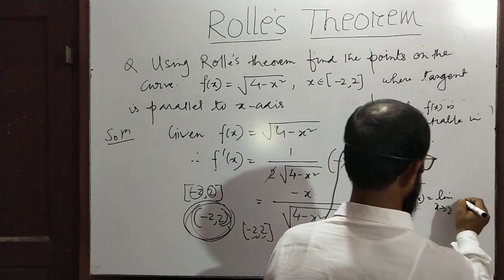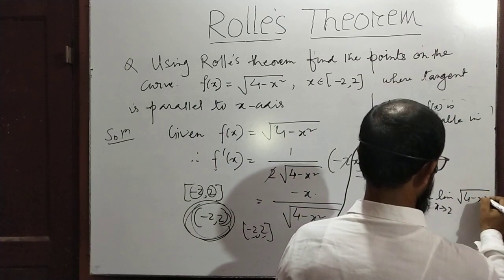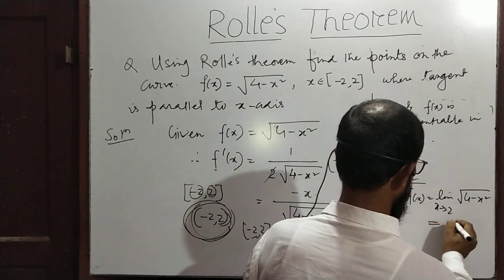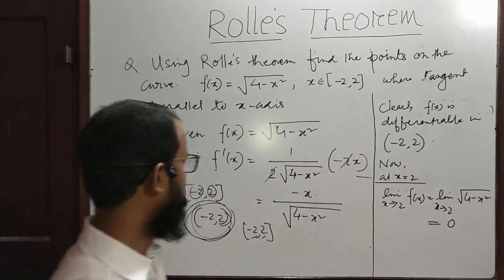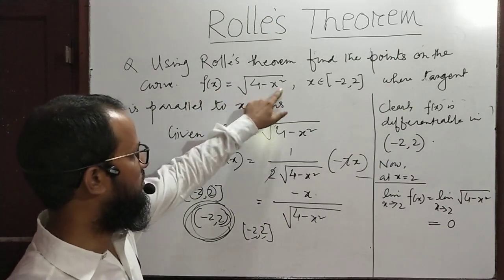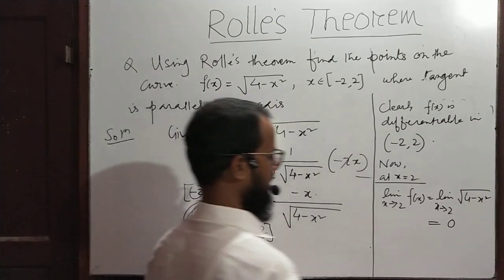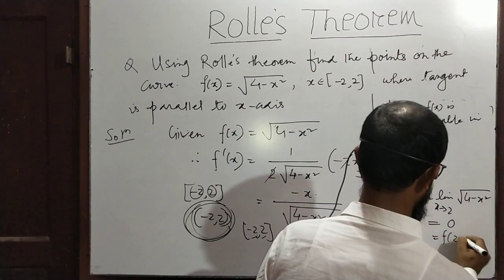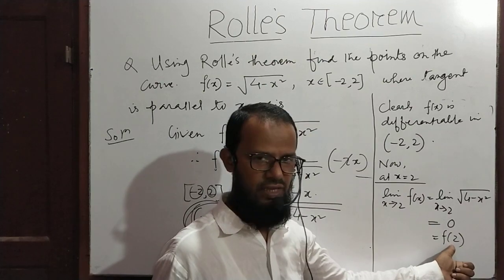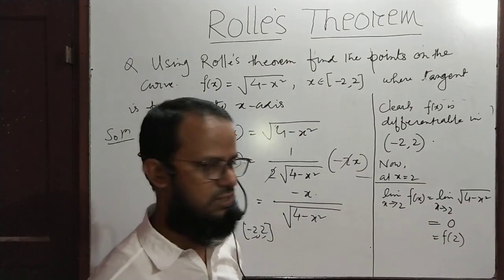What is f(x)? f(x) is equal to root over 4 minus x square, and if you put x is equal to 2 here, you are getting 0. And also you see in your original function f(2) is equal to root over 4 minus 4, is equal to 0. So you can write this is equal to f(2), which is the definition that limit x tends to a of f(x) is equal to f(a), then the function is continuous at x is equal to a.